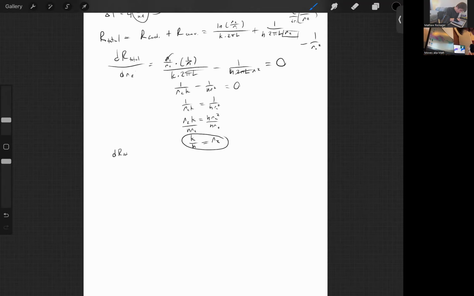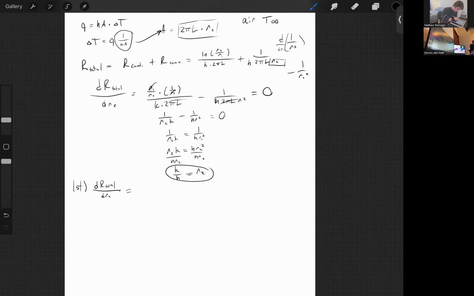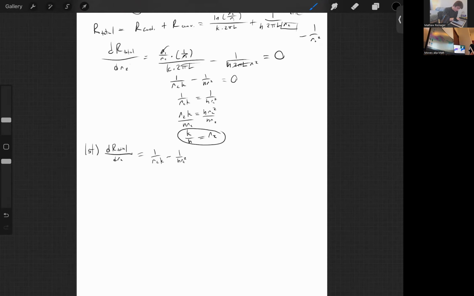Just to keep track, this is our first derivative, d R total over d R2, which equals 1 over R2 K minus 1 over H R2 squared. So now we're going to set up the second derivative, d squared R total over d R2 squared.